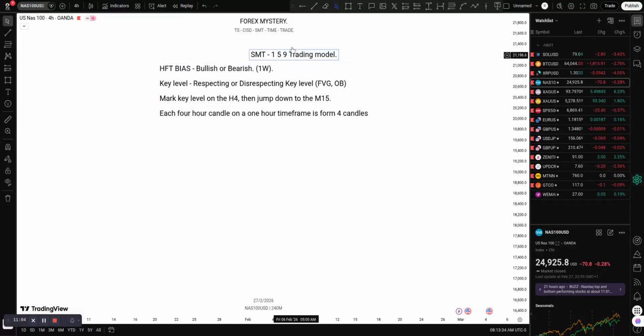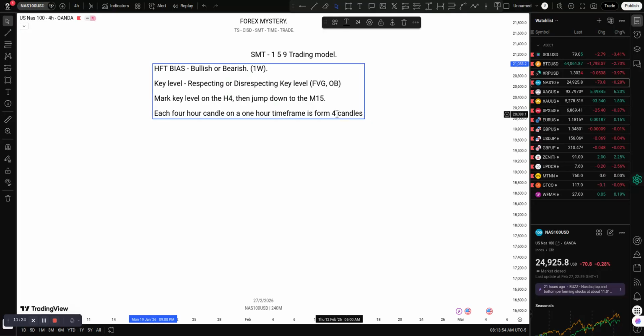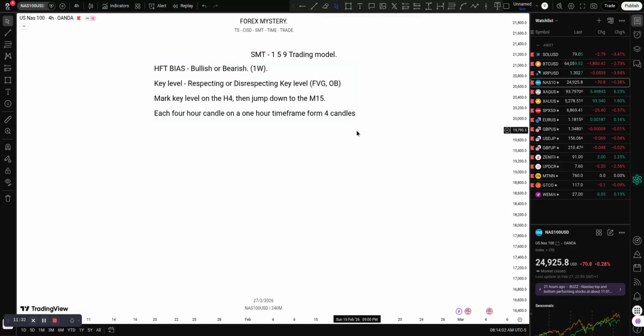There's no time which is going to come and be like 1, 6, 9, 10 or something like that. This basic model 1, 5, 9 just sticks there. So each 4 hour candle on a 1 hour time frame forms four candles.